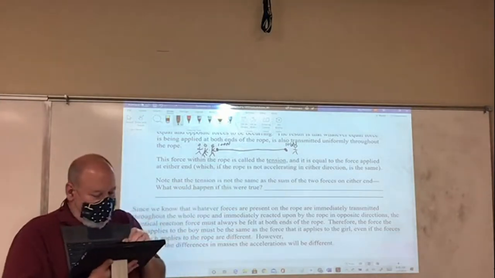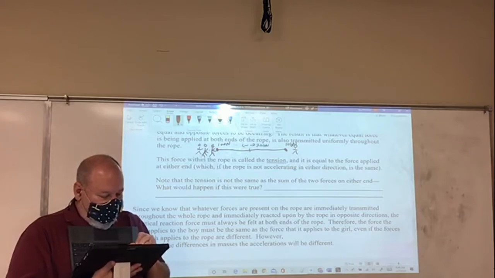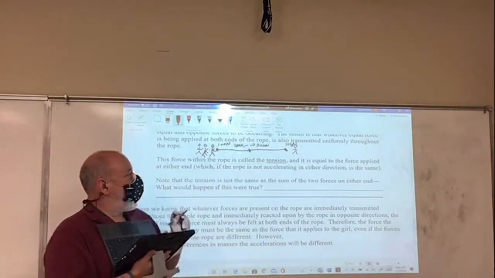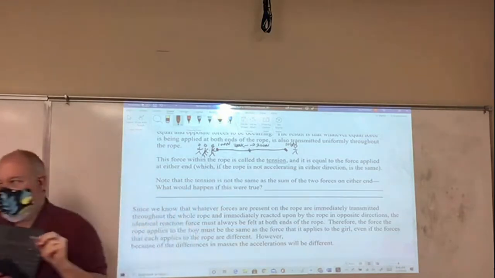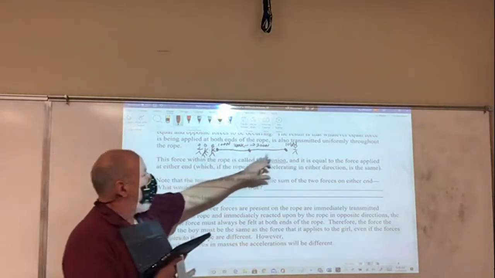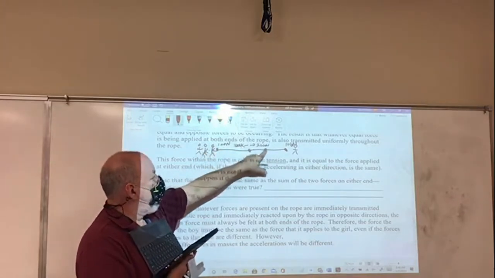But if the force at any point in the particles in here was the sum of those two forces, okay, if I've got forces of 200 newtons going that way and forces of 200 newtons going that way on this particle here, what would happen to the rope? It'd rip. Okay, so the forces everywhere along here are 100 newtons.